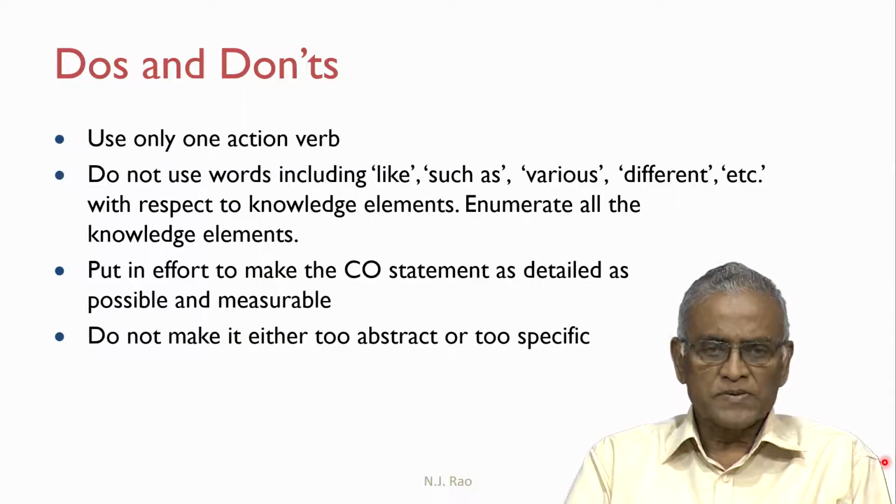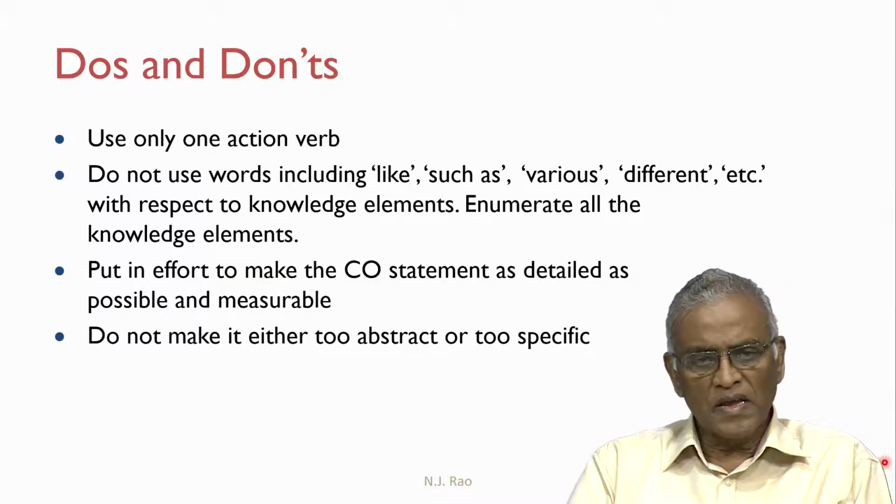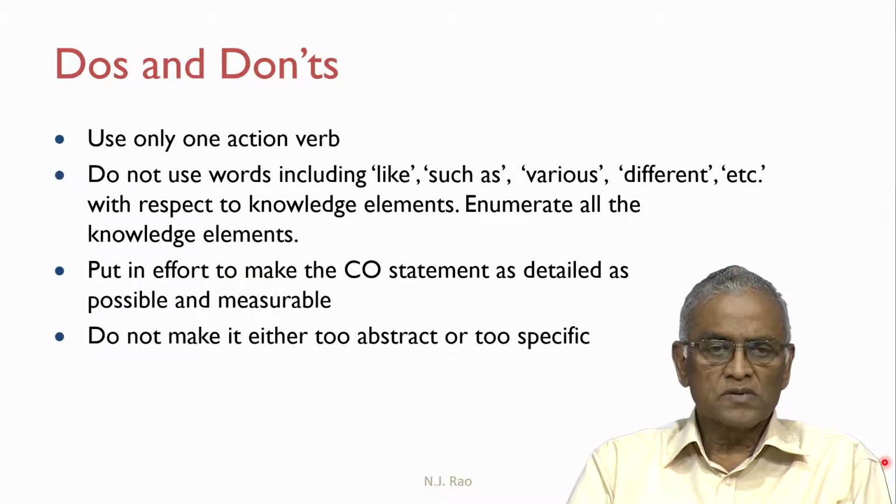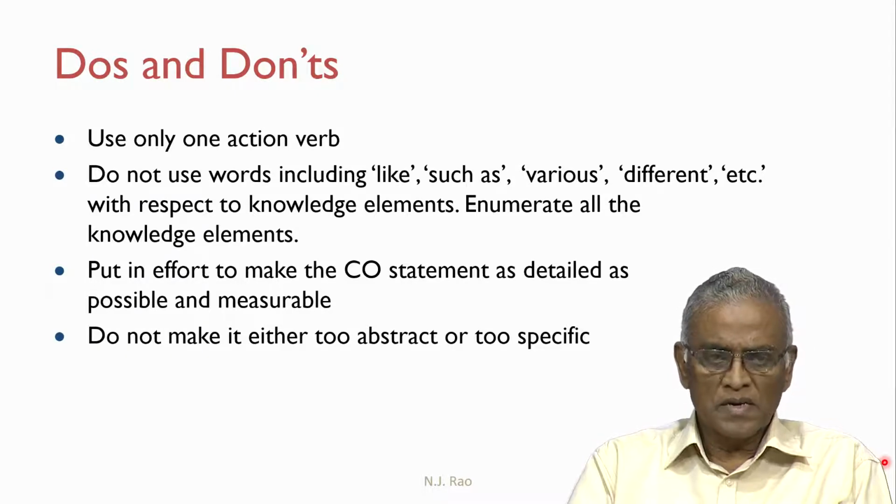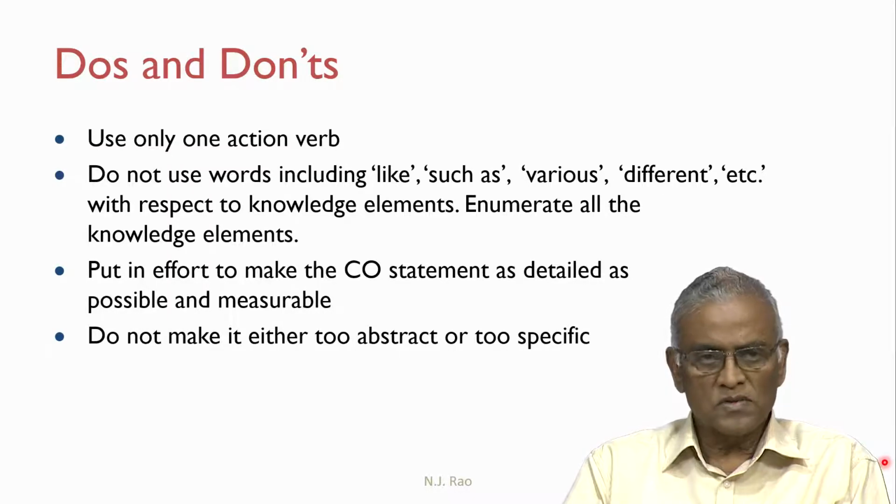If it is too abstract, that is, at a very high level, the student will not be able to understand clearly what he is expected to learn. So, these are the do's and don'ts of writing a course outcome.